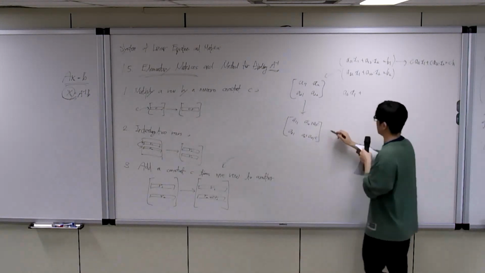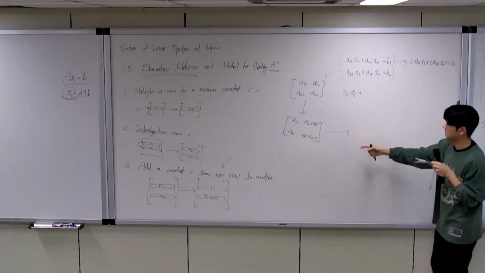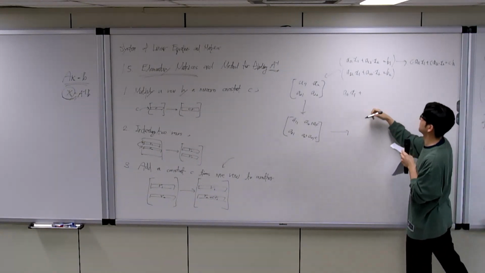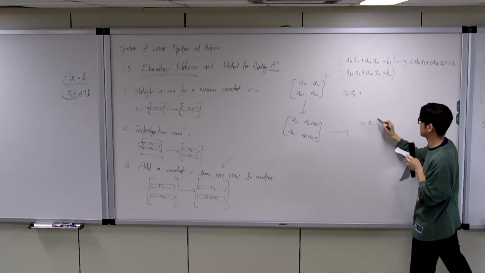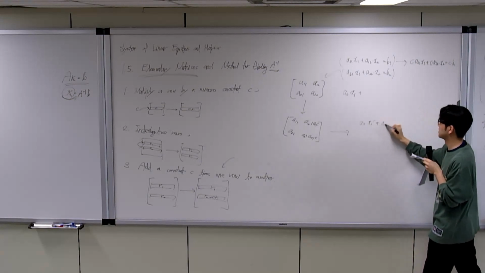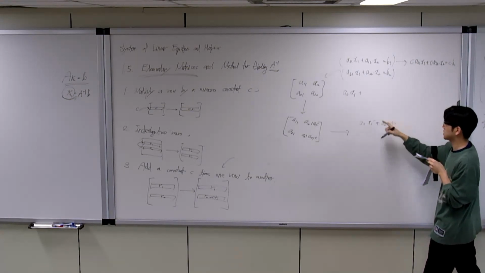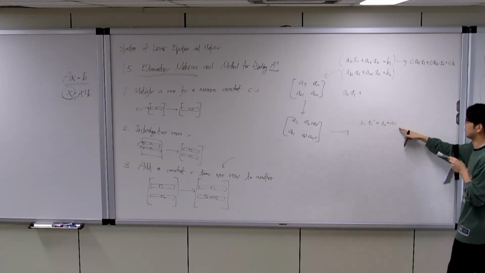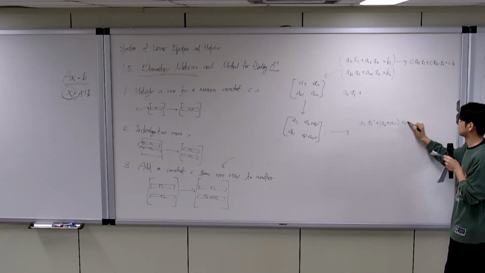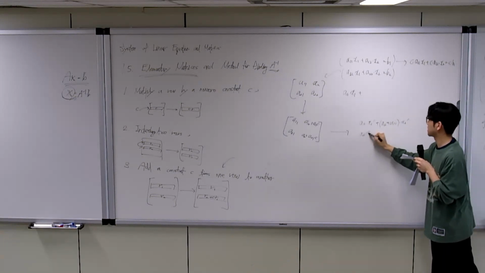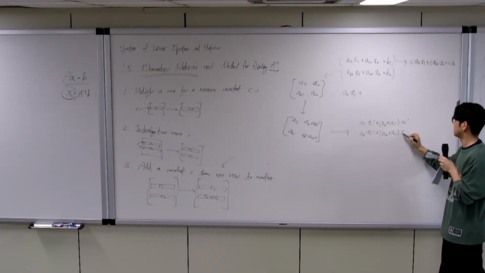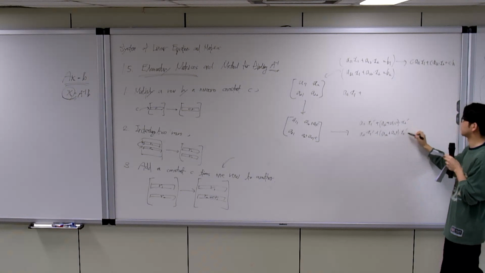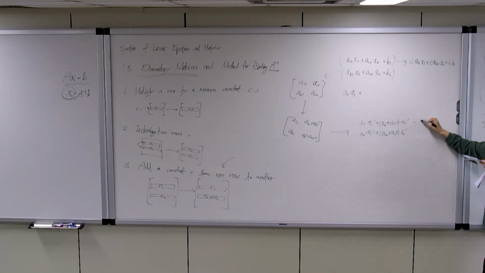And if we give this matrix to the linear system, then it will give x1 prime plus x1 a12 plus a11 x2 prime, a21 x1 prime, a22 plus a21 times c x2 prime, and I will write the other the same.